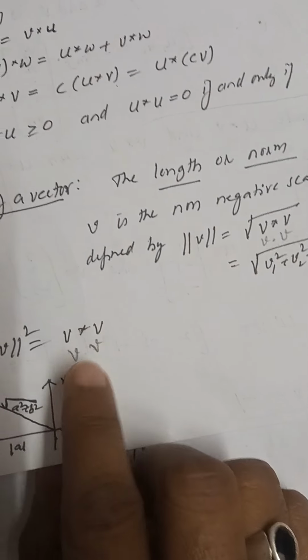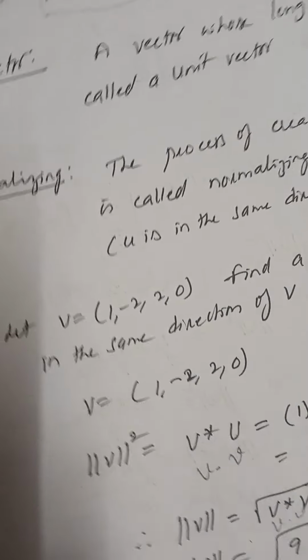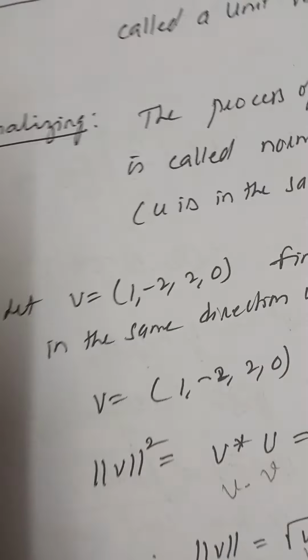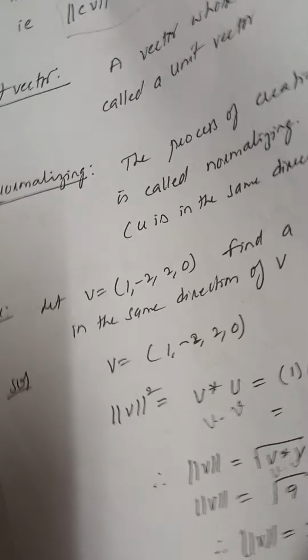Now see, in our notes we have explained inner product and the properties, the length of a vector, or you can say the norm of a vector. Next, what is a unit vector? Normalizing. Next, find a unit vector in the same direction.